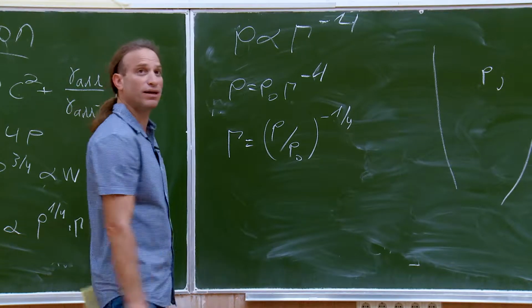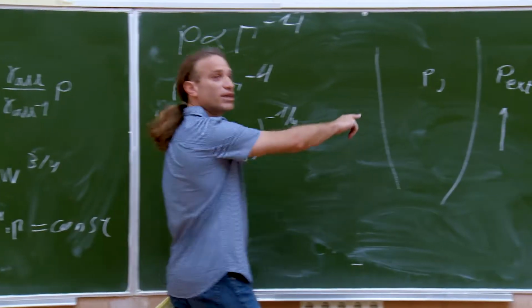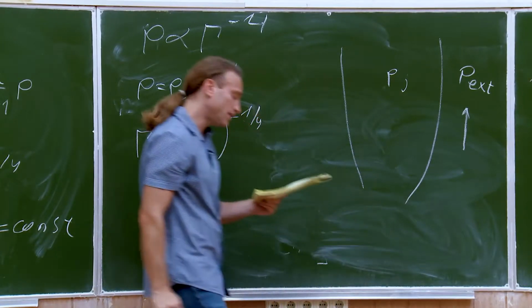Now, what happens to the surface? What happens to A, or what happens to the cross section of the jet as I accelerate? How does this behave?